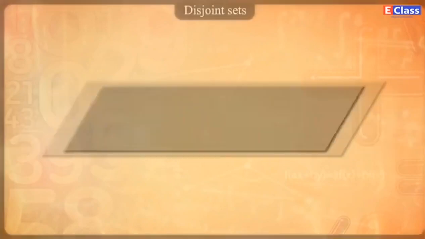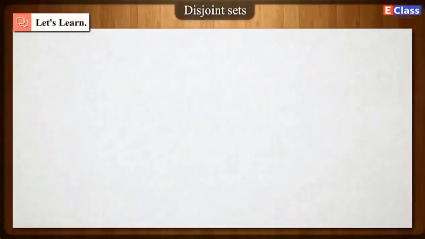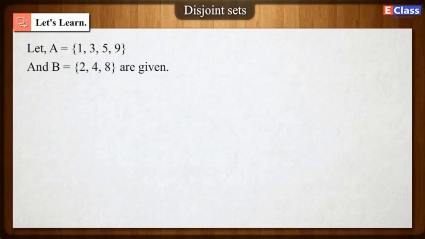Disjoint sets. Let's learn. Let A equal {1, 3, 5, 9} and B equal {2, 4, 8} be given.